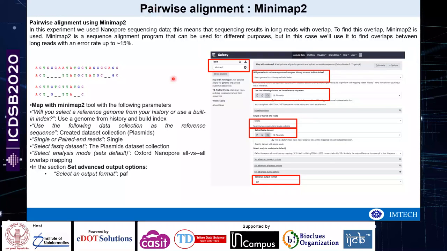To run this program, we again go through the tools and type Minimap2. Here you have to select use a genome from history and build index. They are using reference sequences which have already been embedded in Galaxy, like some databases, to align these sequences. So this is reference-based alignment.